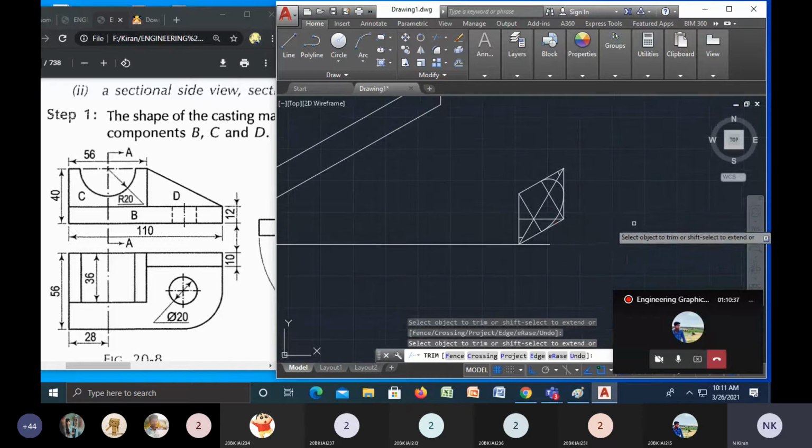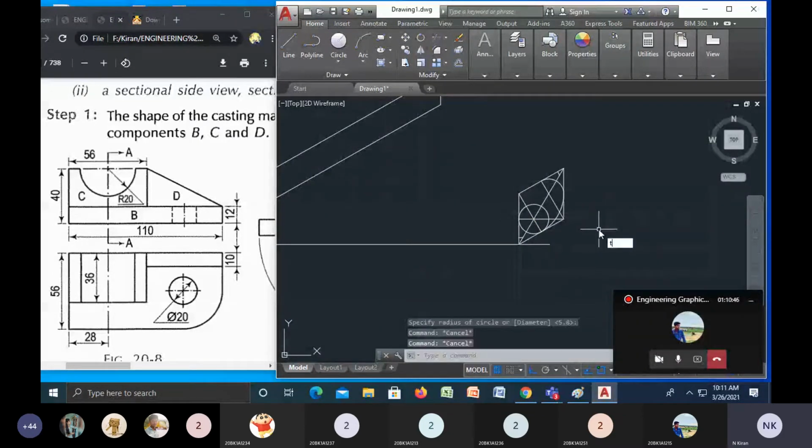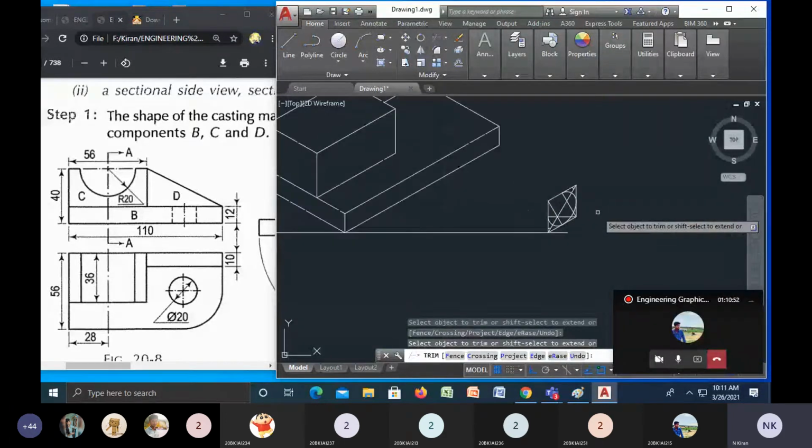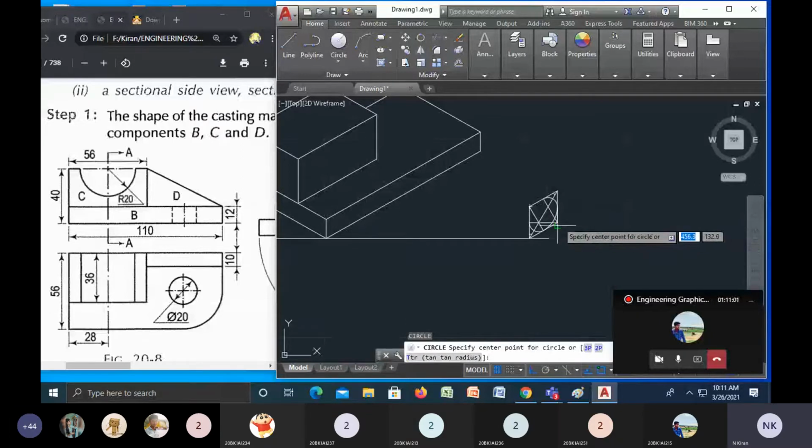Okay, let us take half of the curve more. C enter. From this point again up to here. Okay, TR double enter. Okay, is it okay or still okay? Let us join this curve also. Afterwards we can delete. C enter.